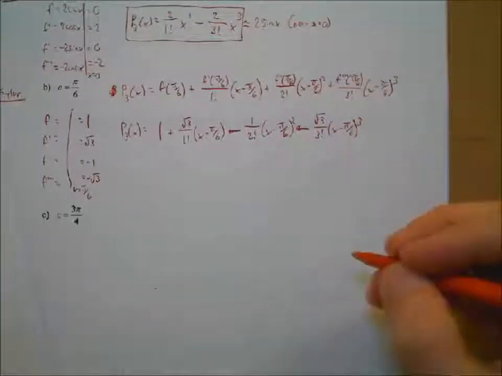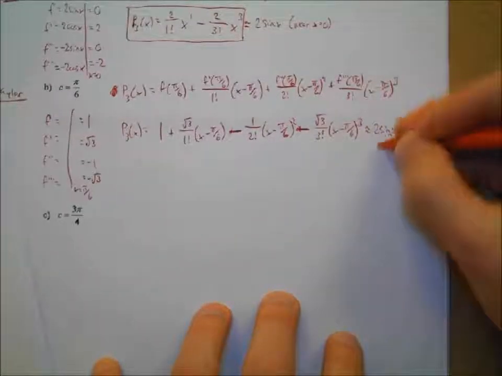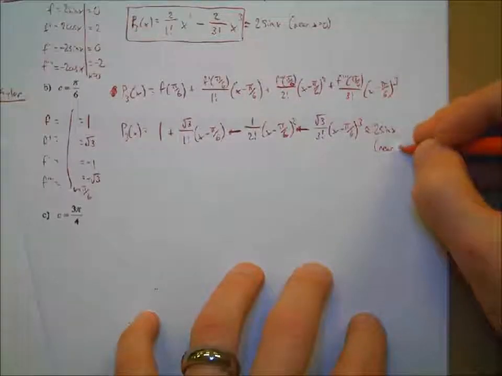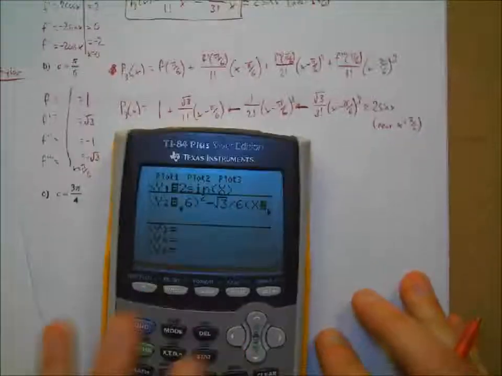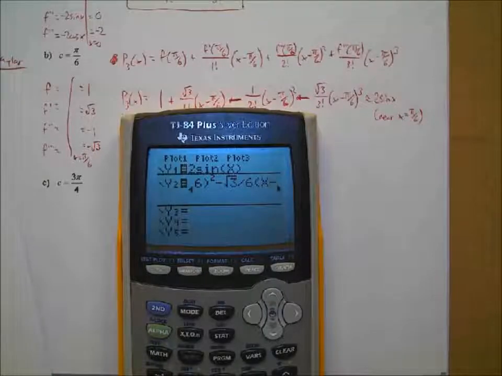And again, this is approximately equal to 2 sine of x, but now it's going to be close to 2 sine of x when we are near that x equals pi over 6. Okay? So what I've done here on my graphing calculator is I've typed in this new polynomial that's not going to be centered at 0, right? It's now centered about that pi over 6. I even shifted my graph so it's centered now at pi over 6.